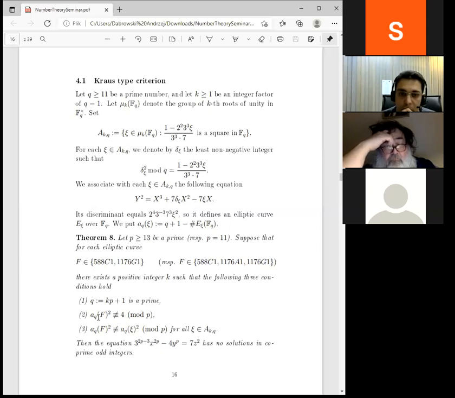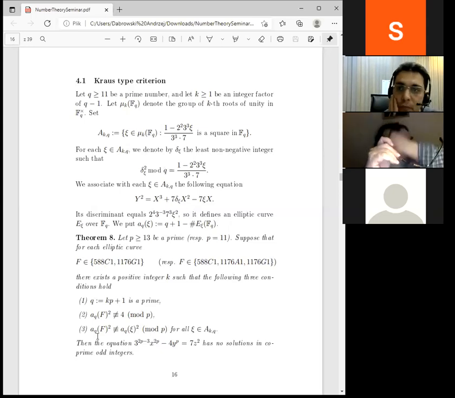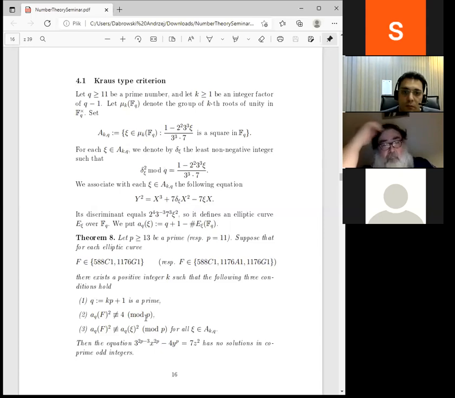And the last assumption is that the squares of traces are not congruent, where the second trace is the trace associated to the curve over finite fields. So for any element from the subset of kth roots of unity, we need such an assumption. If such an assumption is satisfied, then we can prove that the Diophantine equation has no solutions in coprime integers.